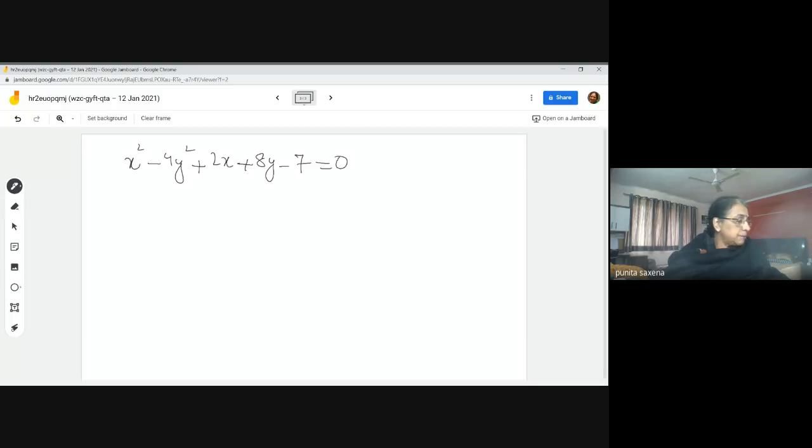Then what? Again, it's not a circle, it's not a parabola. And you will realize that because with y square you have a negative term, so it has to be a hyperbola. So when you complete the squares, what equation do you get?